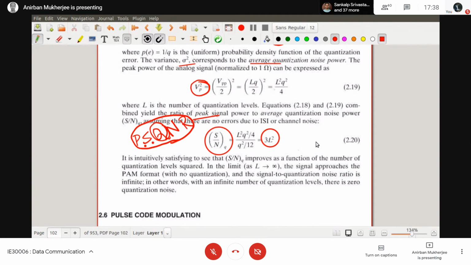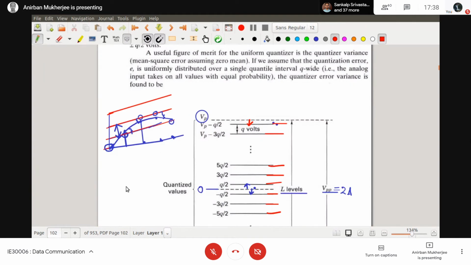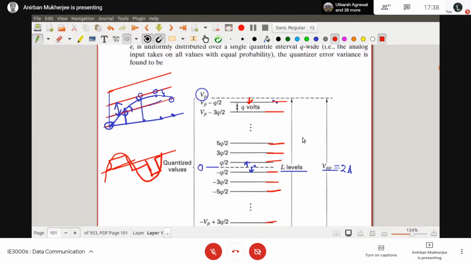Say I have a sinusoid like this, and if you choose a 2-bit ADC, then it is like this, and you have this blocky type of waveform that you don't want. That's why people go for higher order.